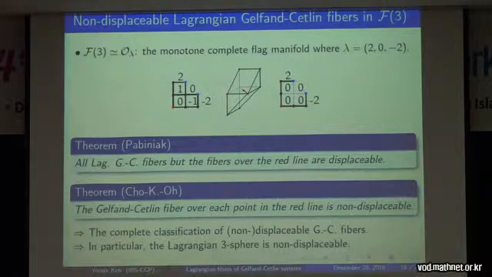In particular, our theorem also implies the non-displaceability of the Lagrangian 3-sphere. Nohara and Ueda calculated the Floer cohomology of this Lagrangian 3-sphere, and it turned out to be 0. So their result does not imply the non-displaceability of the Lagrangian 3-sphere, but our result does.